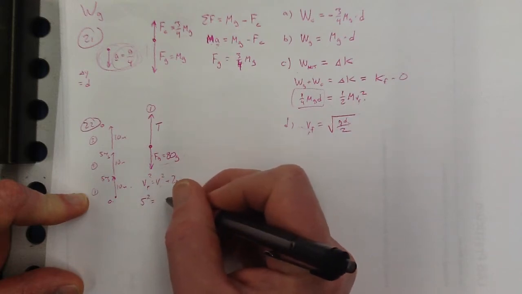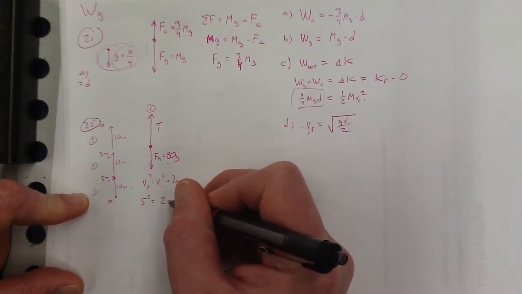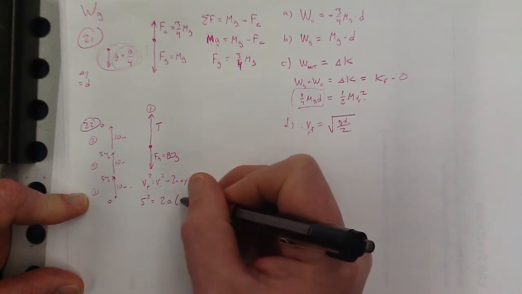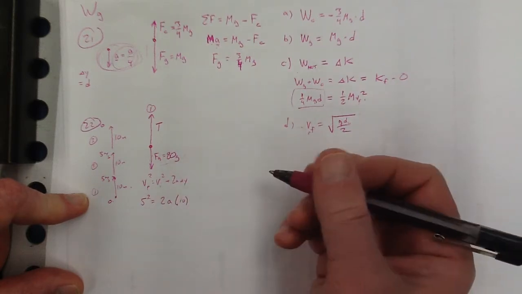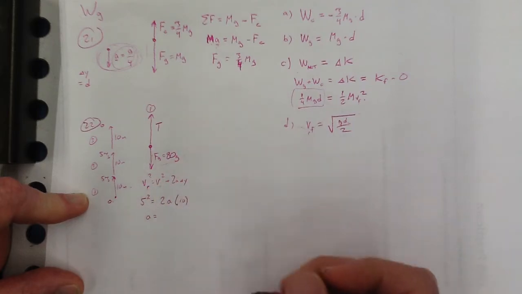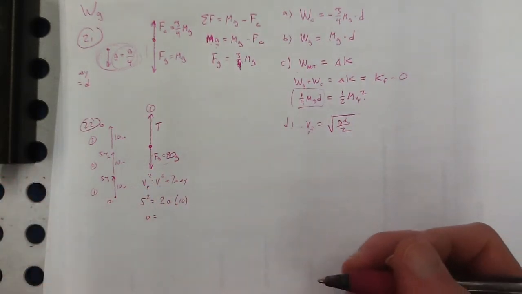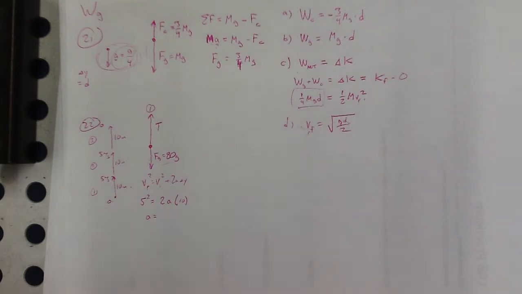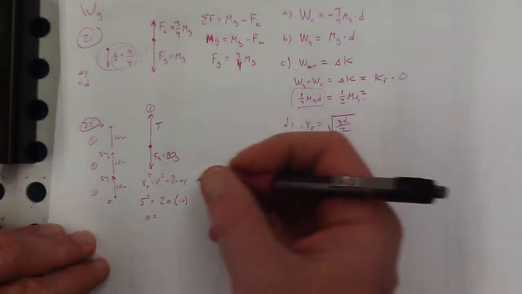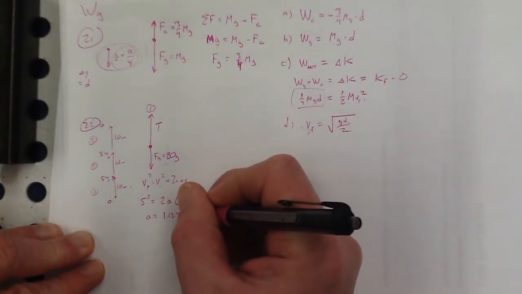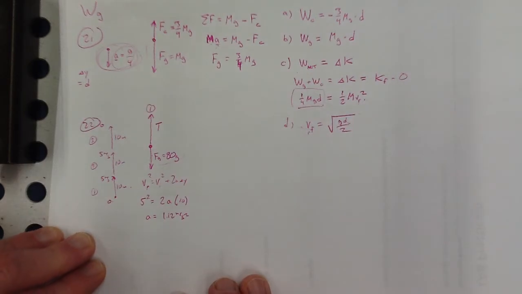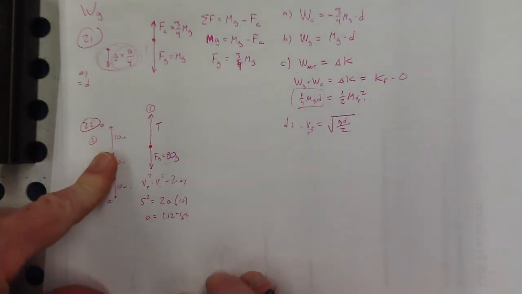VI is 0. 2 times the acceleration times the delta Y of 10. So it looks like my acceleration is going to be 25 over 20, about 1.25, we'll call that. That's what I'm getting there. And that is in the up direction.